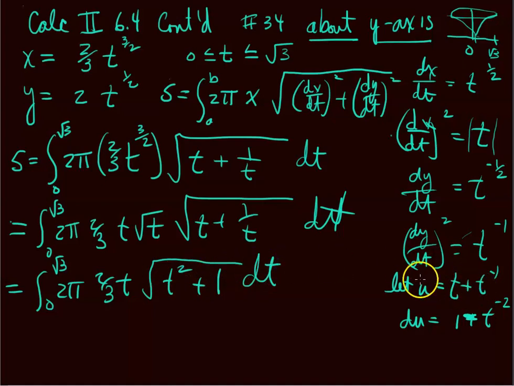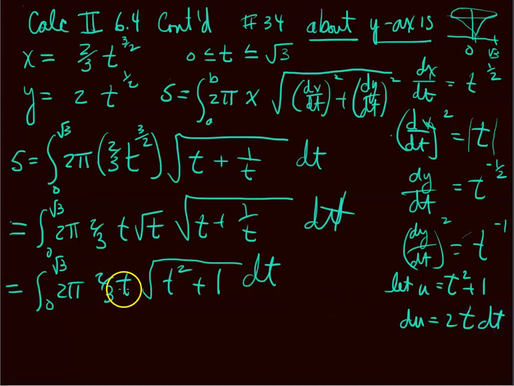Now we let u be t squared plus 1. So du is 2t dt.